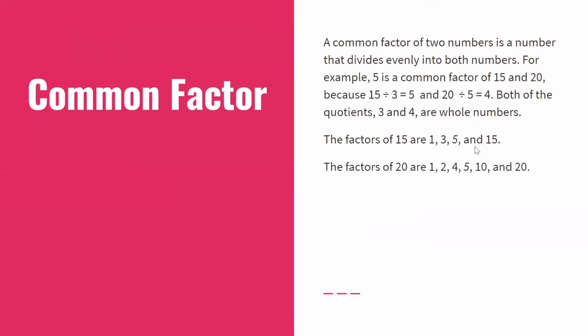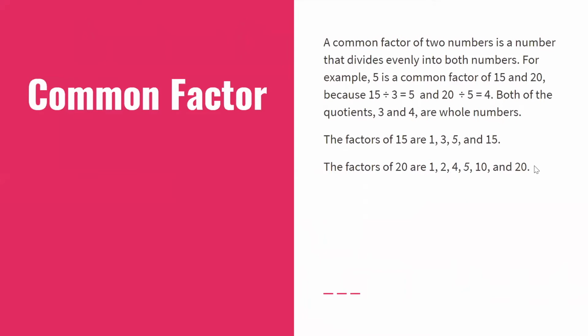There are many ways to list the factors of whole numbers. If you have two whole numbers and you're trying to find a common factor of those two whole numbers, one thing you can do is just list them. So factors of 15 are 1 and 15 because 1 times 15, and 3 and 5 because 3 times 5 equals 15.